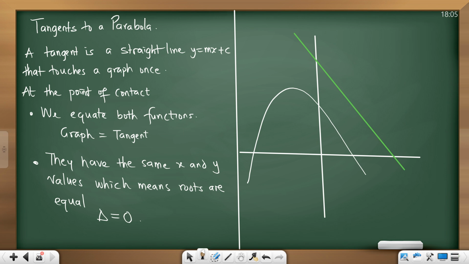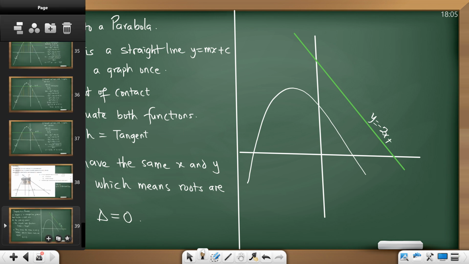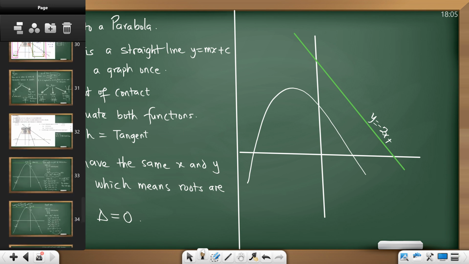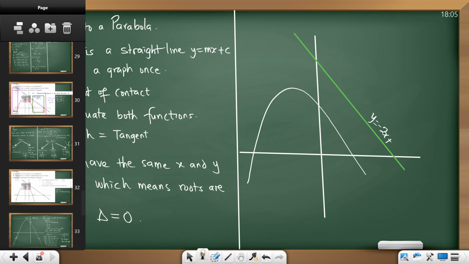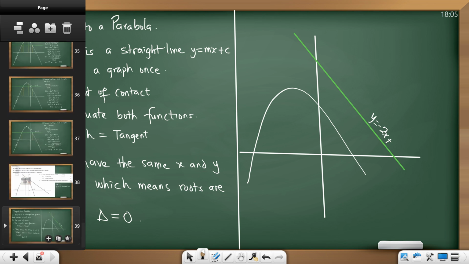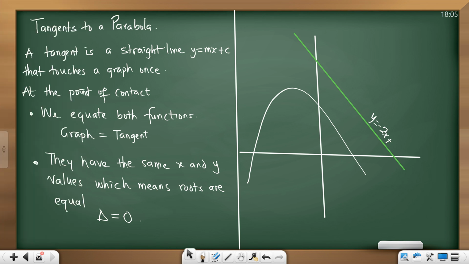By the way, the equation of this line is y equals negative 2x plus, I don't remember, plus 8. Okay, negative 2x plus 8.